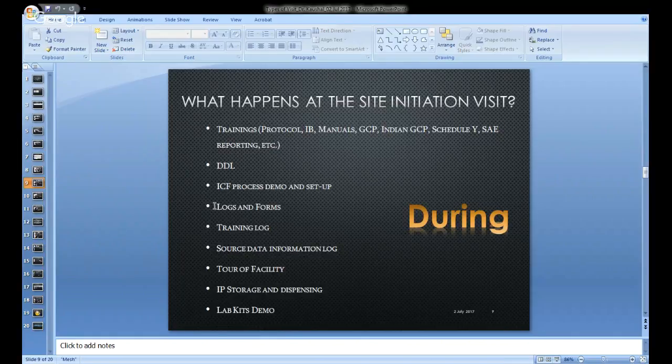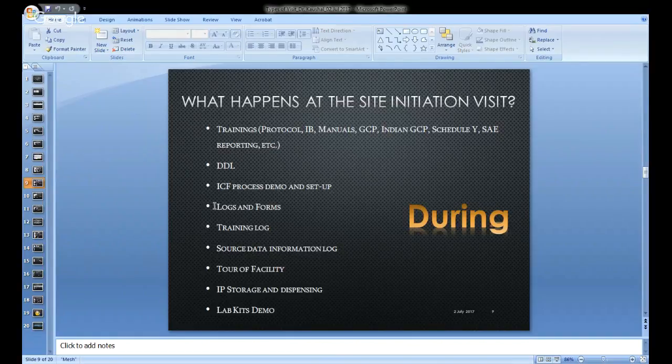Some really do, exceptions are always there, but many do not follow the process. So train the site, make them understand the importance of this activity to be done on a daily basis so that there is no misconduct for that activity and the documentation is up to date in a timely manner.